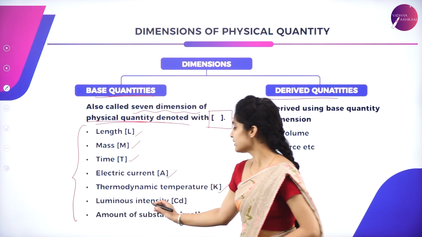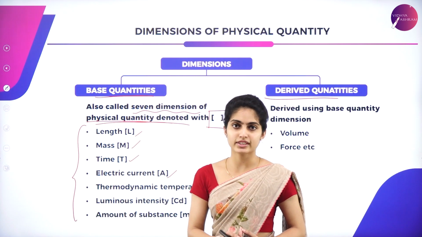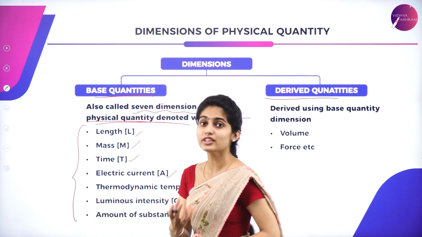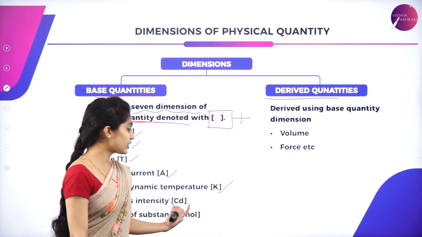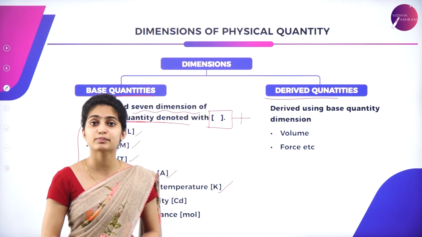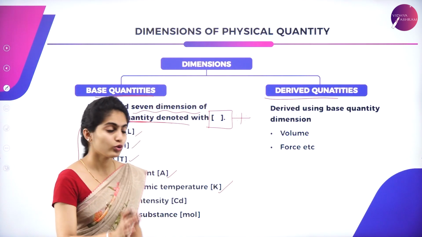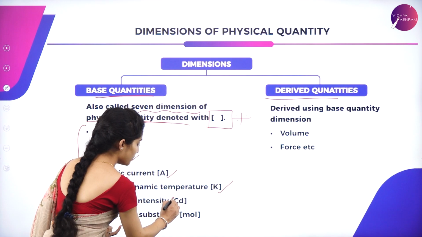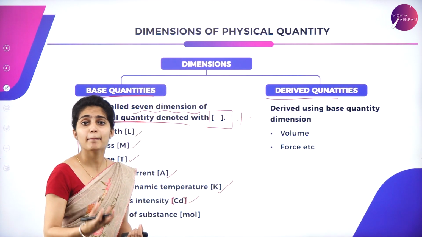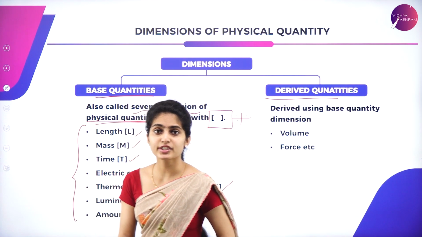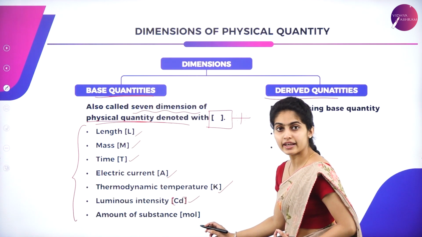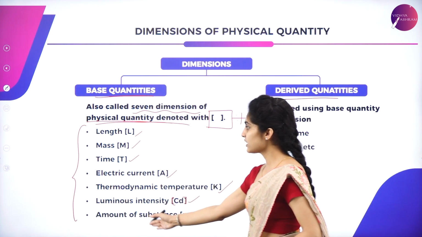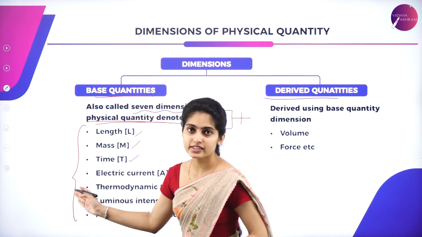Next is luminous intensity, which is measured in terms of candela, so CD, enclosed within the square bracket. Again, the amount of substance is measured in terms of mole, so MOL is enclosed within the square bracket. So these are the 7 standard base quantities.